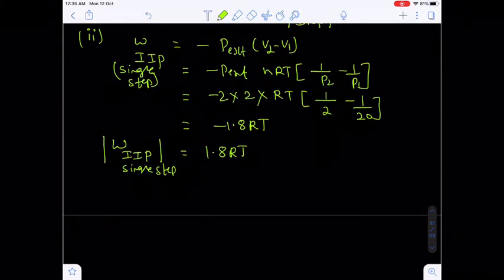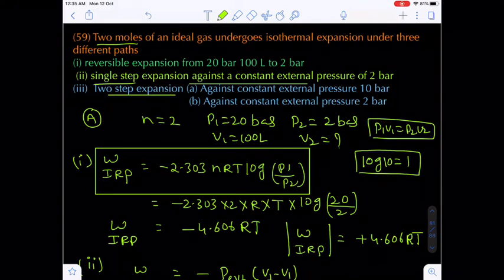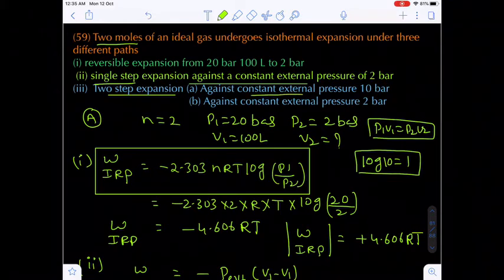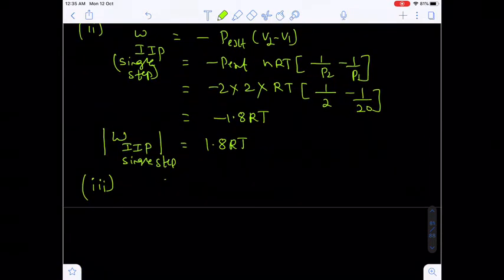Now you see there is one more question given. What is the question here? Now there is 2-step expansion, so the process is 2-step irreversible expansion. In the first step it is against a constant external pressure of 10 bar, and next one will be 2 bar. That means initially we have 20 bar pressure.